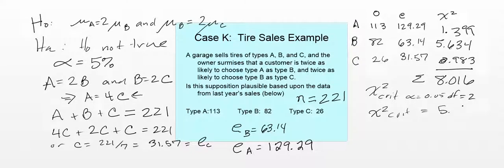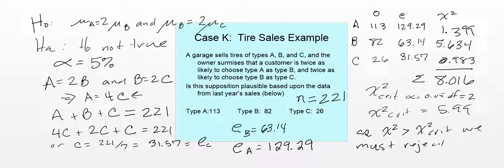We got a chi-squared crit equals 5.99 from the table, and as our chi-squared is greater than chi-squared crit, we must reject H0 in favor of HA.